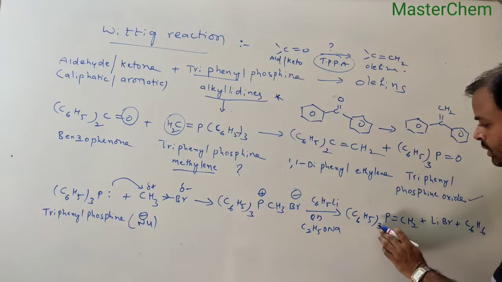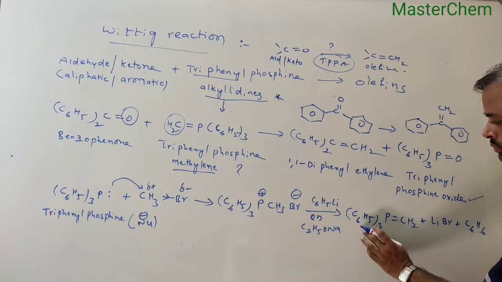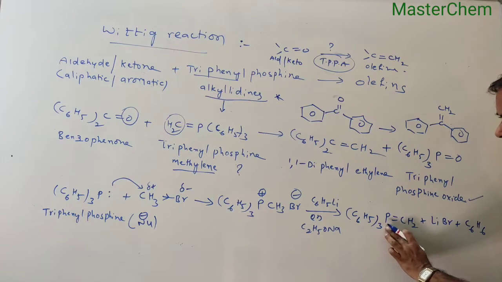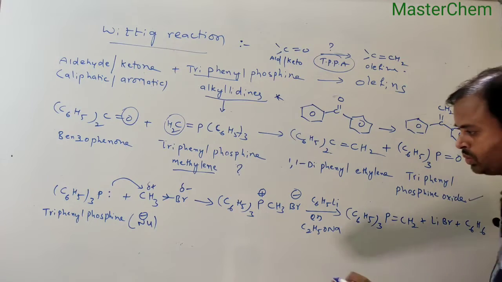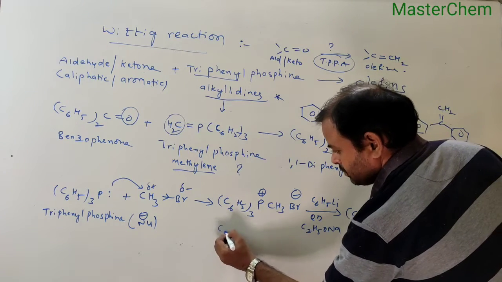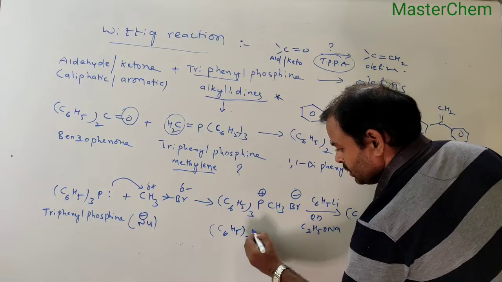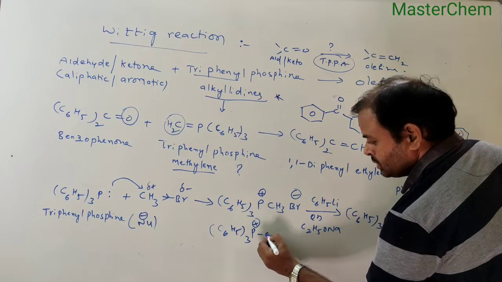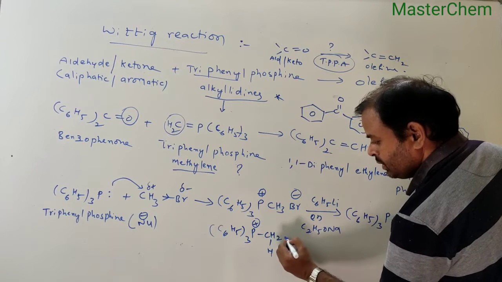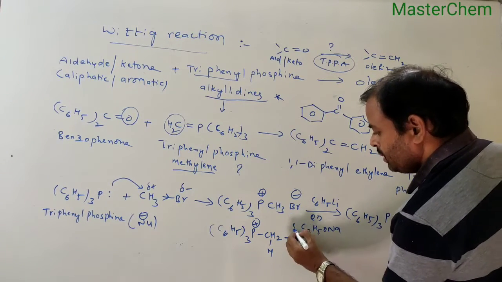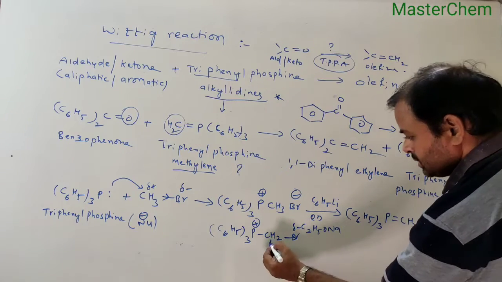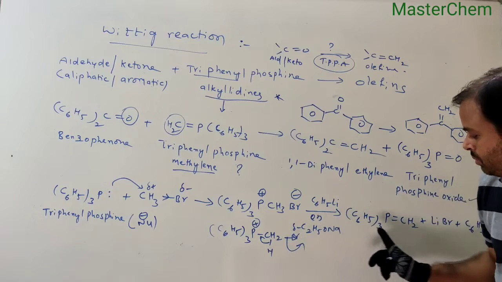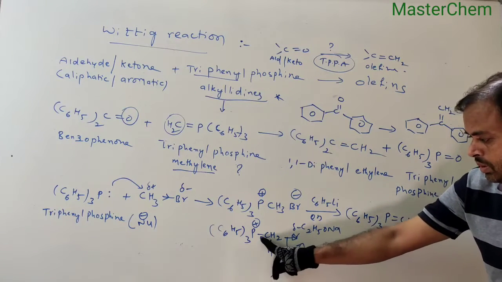So this converts to C6H5 taken thrice, phosphorus with positive charge, CH3, Br minus, with a bond formed between phosphorus and CH2.